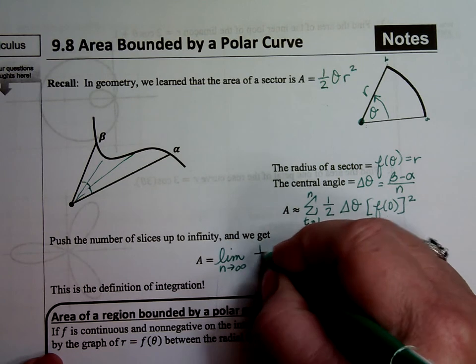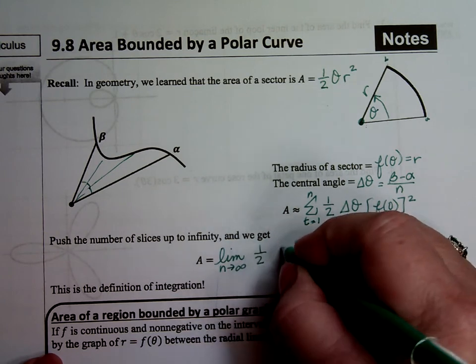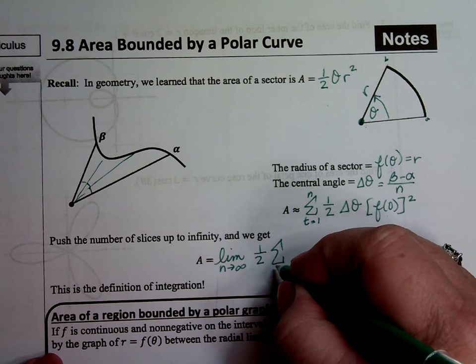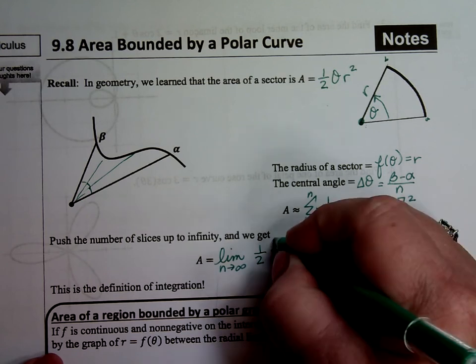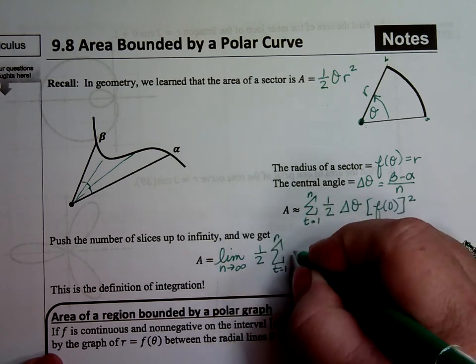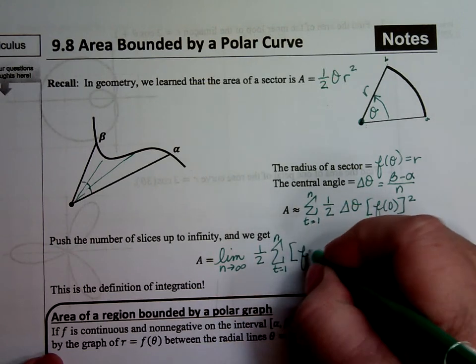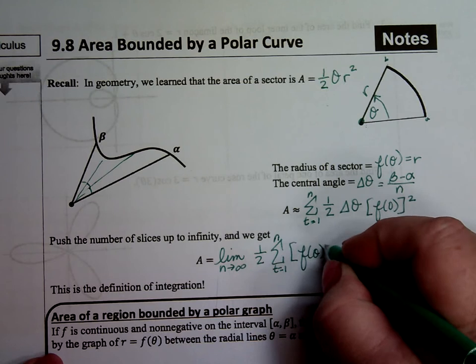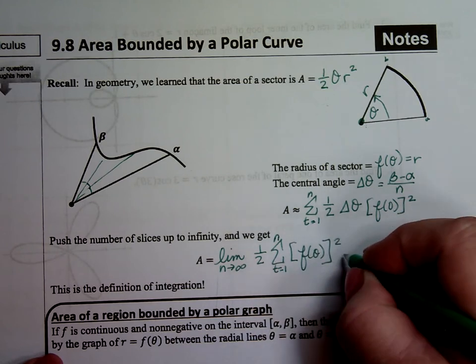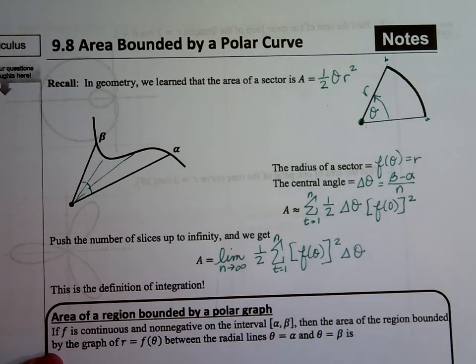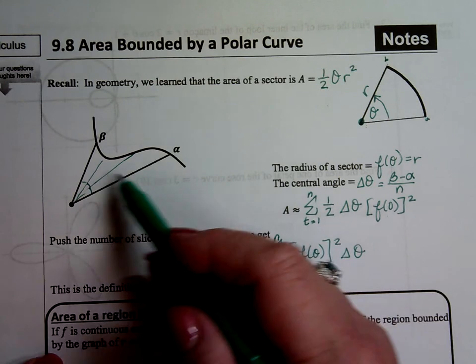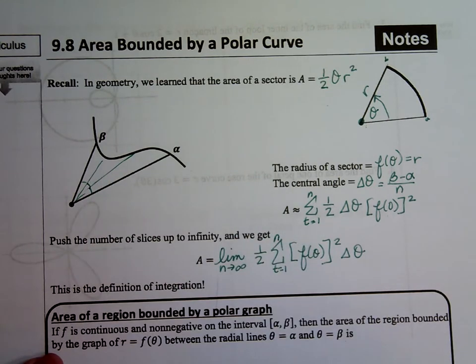So it's the limit of 1/2, the sum, I'll bring the 1/2 out, of t equals 1 to n of f of theta, quantity squared, times the change in theta. Now what does that mean? This is the definition of integration, same idea. Like I said, you can put as many sections as you want in here. The more sections you place, the more accurate your answer is.